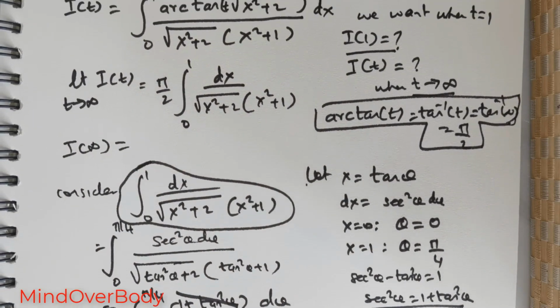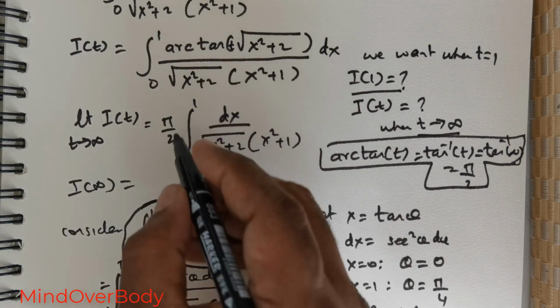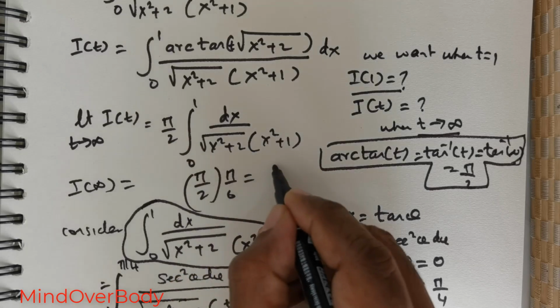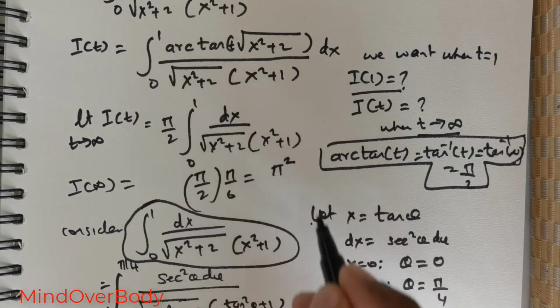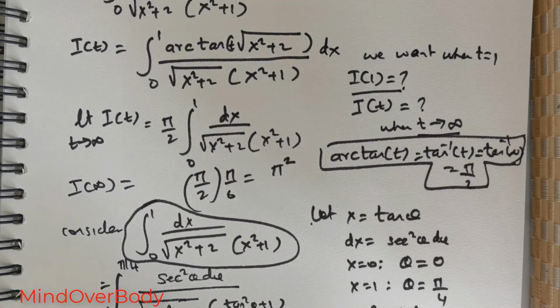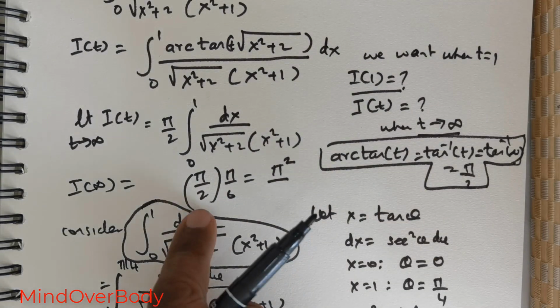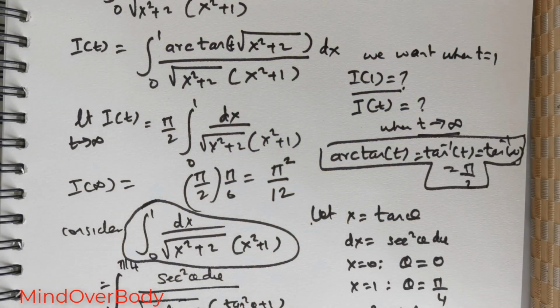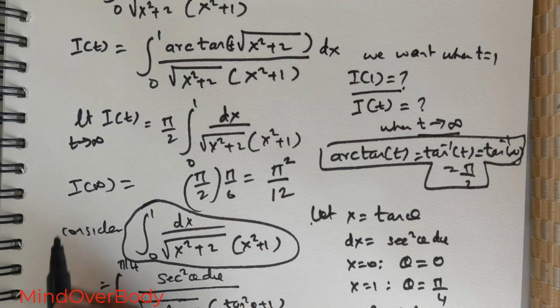But what is this integral? This integral is nothing but part of this integral. So you get pi over 2 times pi over 6, which is pi squared divided by 2 times 6, that's 12. So you're getting pi squared over 12. This is I infinity.